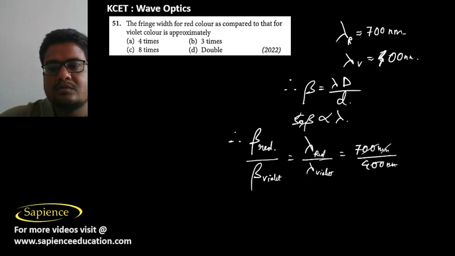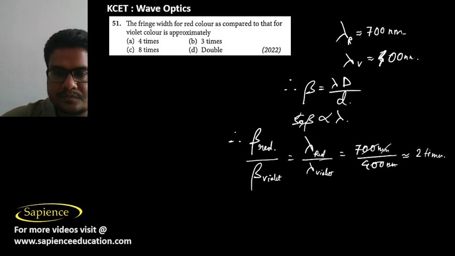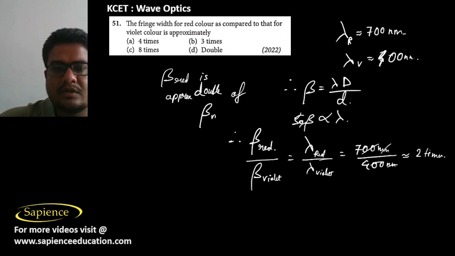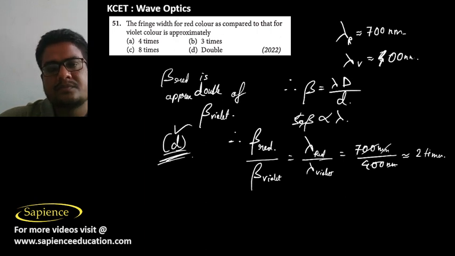That is approximately 7 by 4, which is approximately 2 times. So the fringe width for red color is approximately double the fringe width for violet color. So option D is the correct answer.